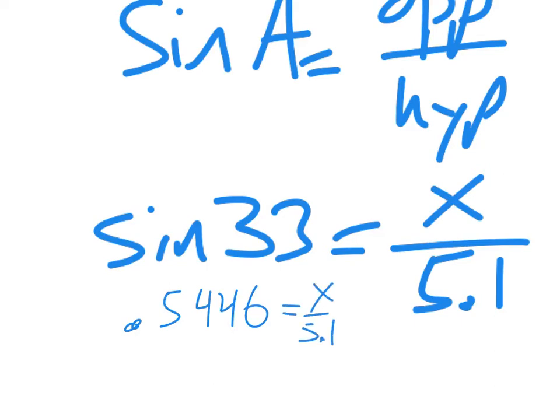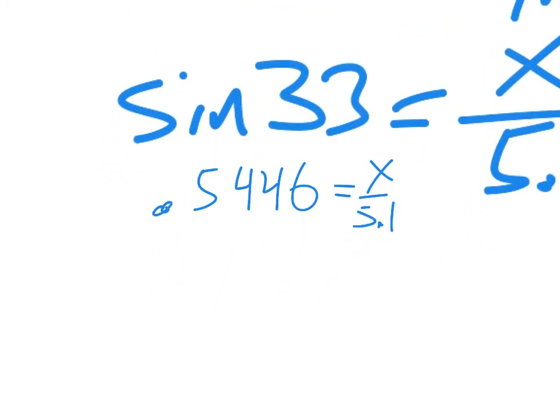Great. Well, that can be solved. These are just numbers now. And so we can just multiply both sides by 5.1 and we'll have it, right? Times 5.1, times 5.1.